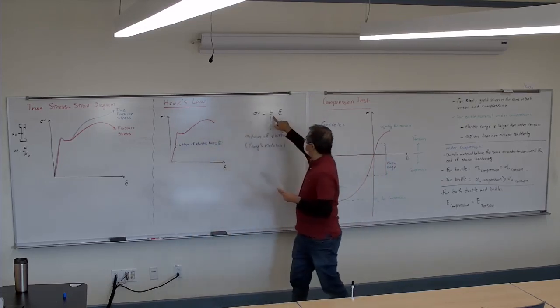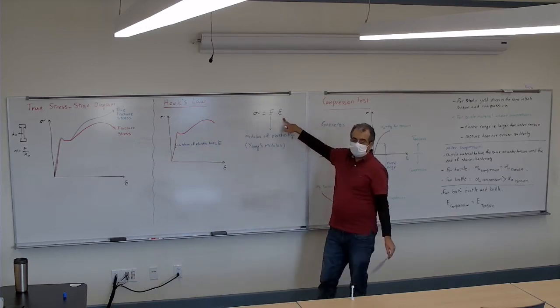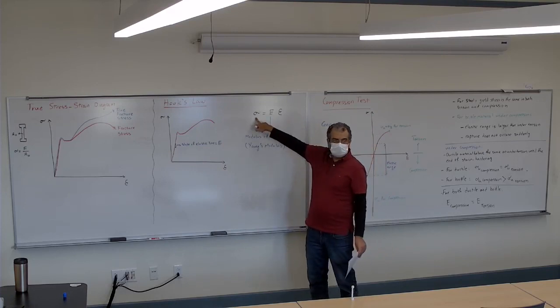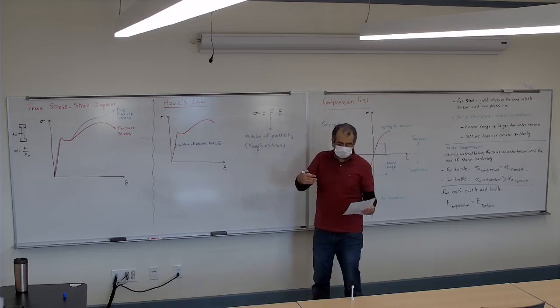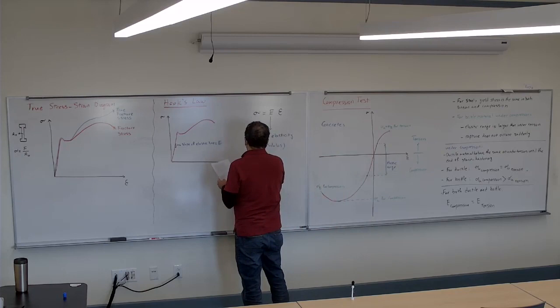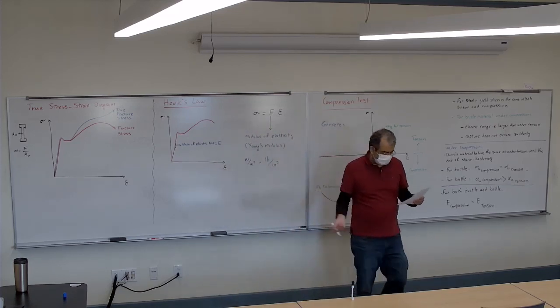What's the unit for that? What's the unit for epsilon? Nothing. So the unit for E should be the same as the unit for sigma. So it's going to be either Newton per square meter or pound per square inch, or any stress unit you have.